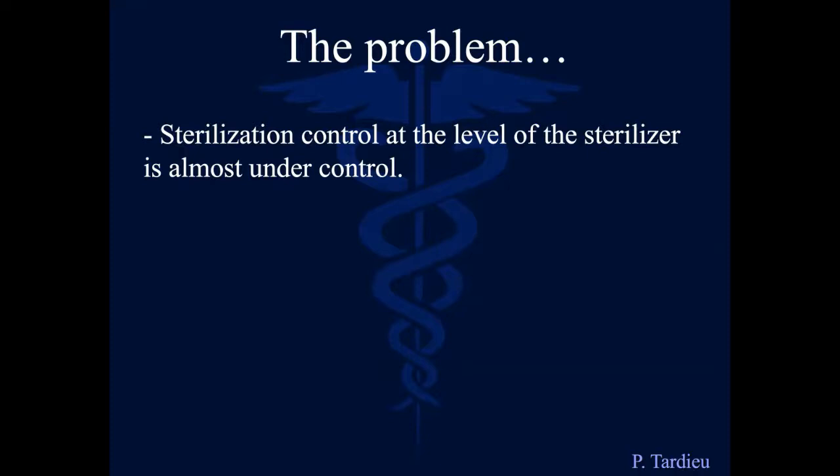And every year you give the sterilizer to a company which is going to validate the pressure, the temperature, and the time. And this will confirm that the sterilizer is working well. You can do that every year on the sterilizer. It's fine to do like this.